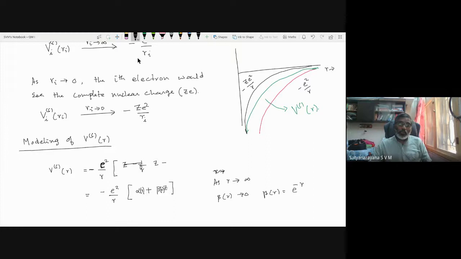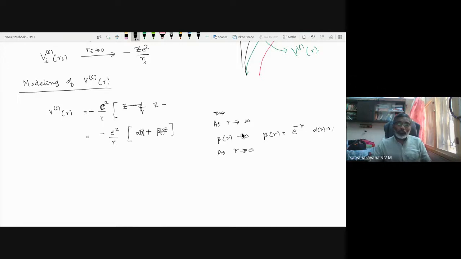And alpha of r should go to 1. As r goes to 0, beta of r should go to 1, and alpha of r should go to 0. So that is what I want.